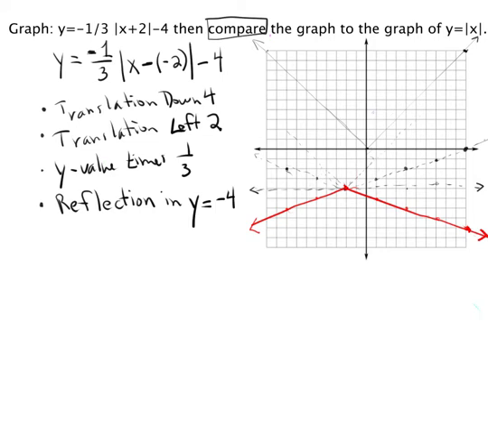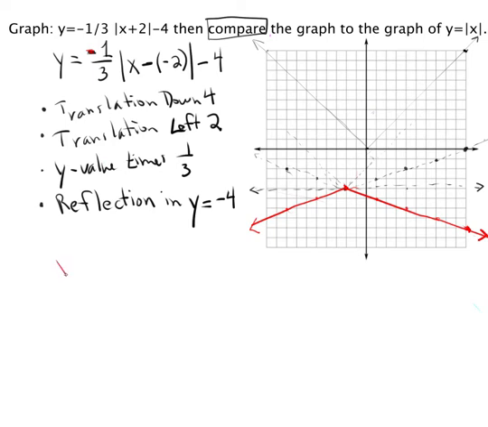So it is wider, facing down. That facing down is the negative, which is the reflection across y equals negative 4. It's wider because it's times 1/3, so the y values are shrinking. I've translated it left 2 and down 4 in my h and k.